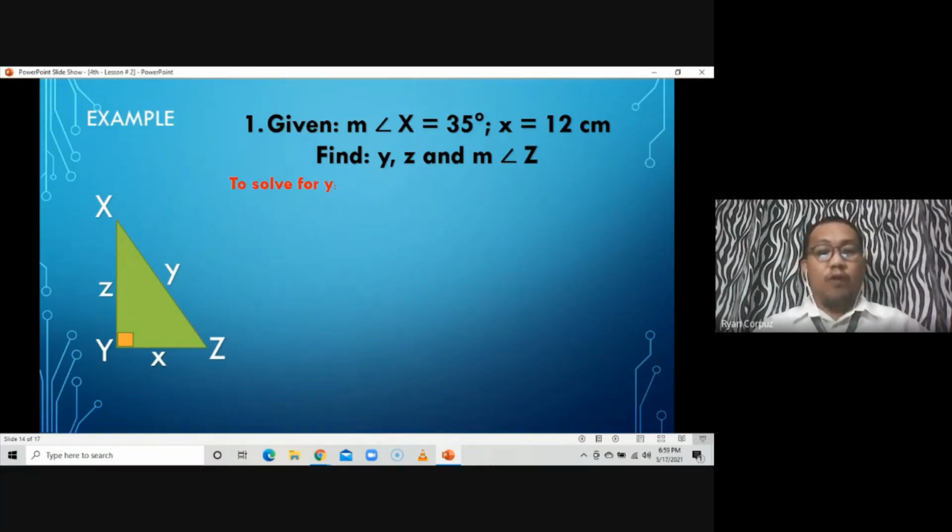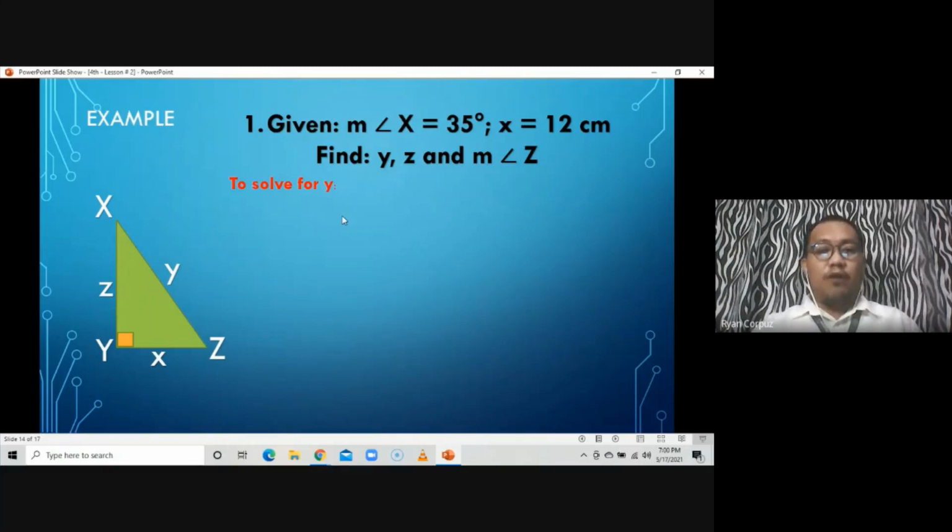The ratios that we are using are the three basic trigonometric ratios, kasi yung last three are just their opposites.